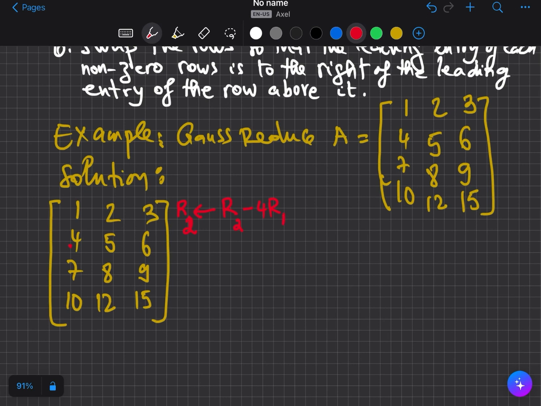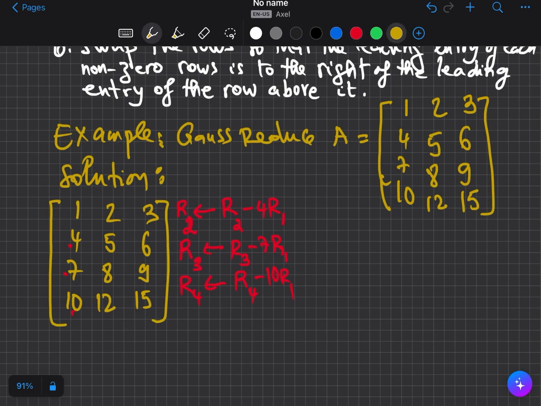Then I can also have a 0 here if I do R3 equals R3 minus 7 R1, because I have 7 here. And then I can also have 0 here, so R4 equals R4 minus 10 R1.